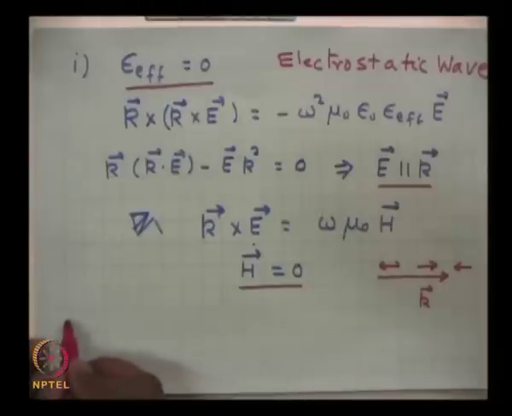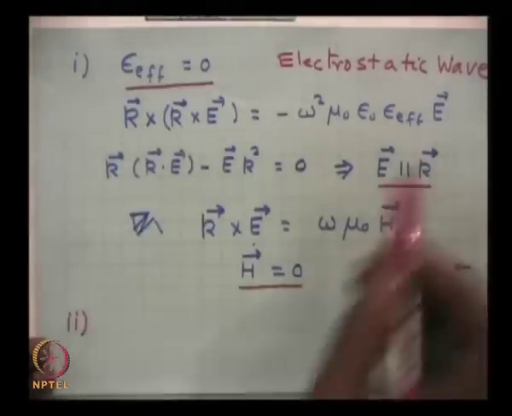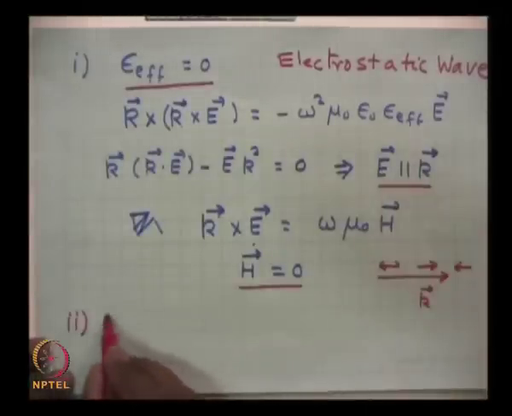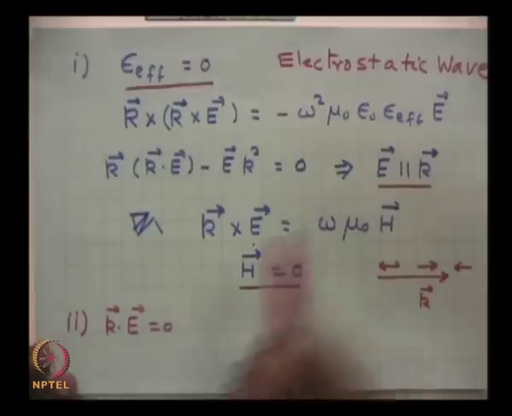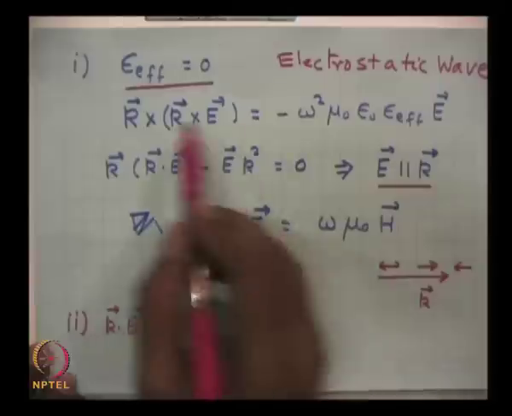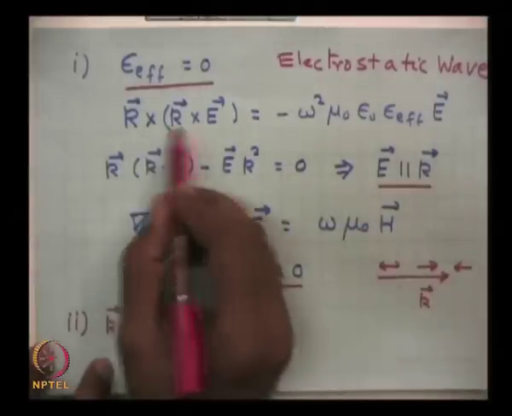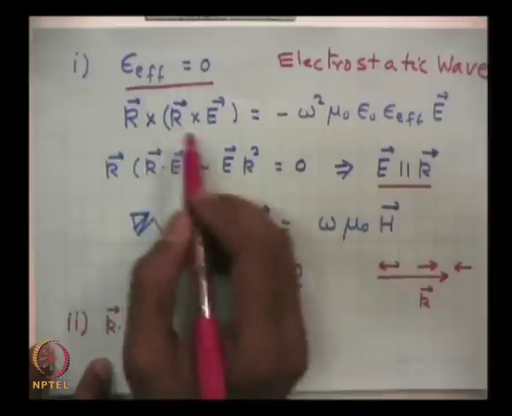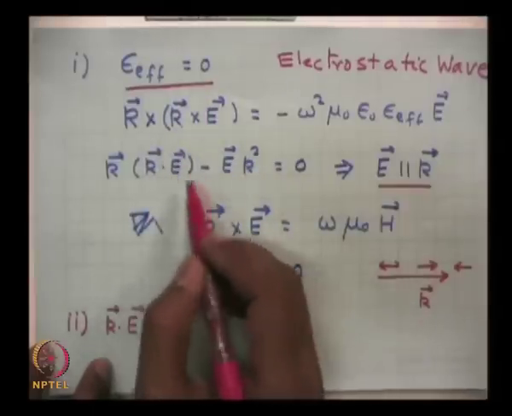Second possibility to satisfy the k dot of this equation being 0 is that k dot E is 0. If I choose k dot E equal to 0, then in this equation, if I simplify, this term will be simply equal to minus k square E, because this is 0.